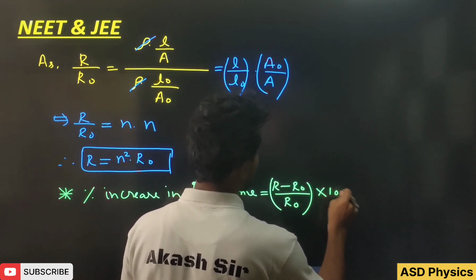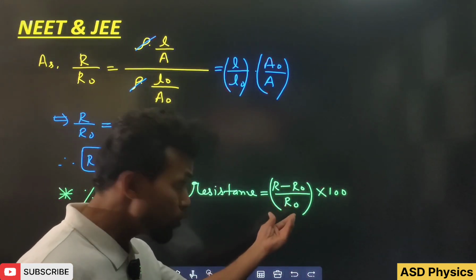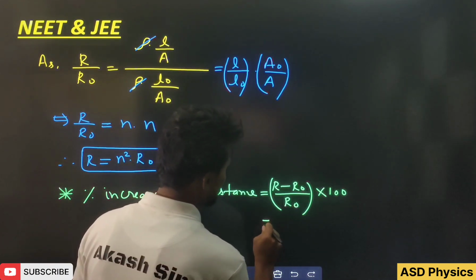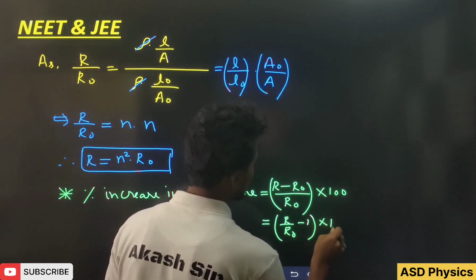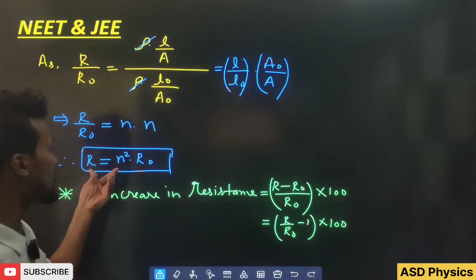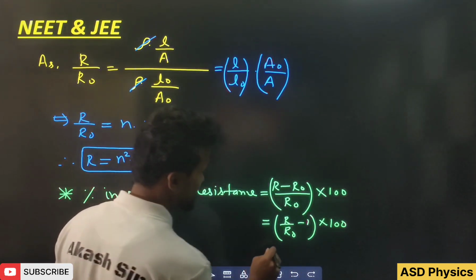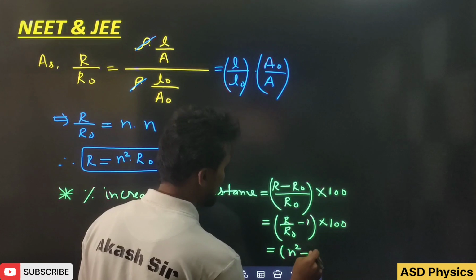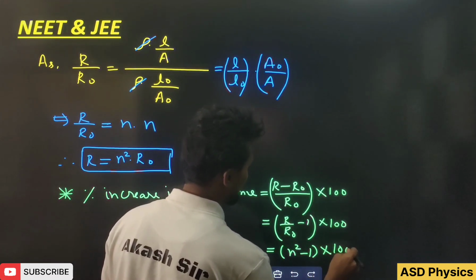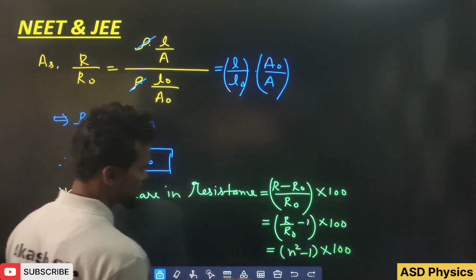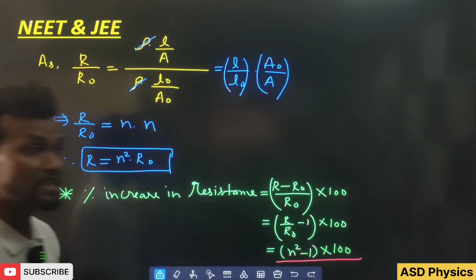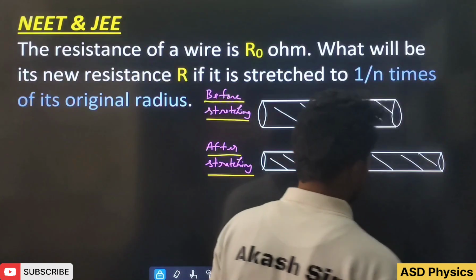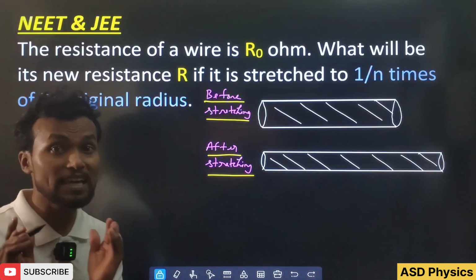So delta R by the original resistance R0 is R by R0 minus 1, into 100. And R by R0 means n square. So we can write the formula as n square minus 1, into 100. Whenever they ask for percentage change, kindly remember this formula, you will get all the answers. Okay, so students, we have understood very well that when the length becomes n times, the resistance becomes n square times.